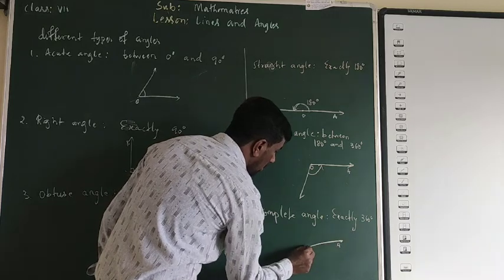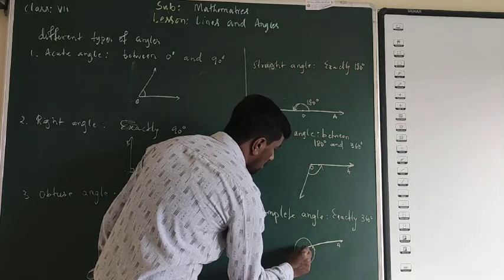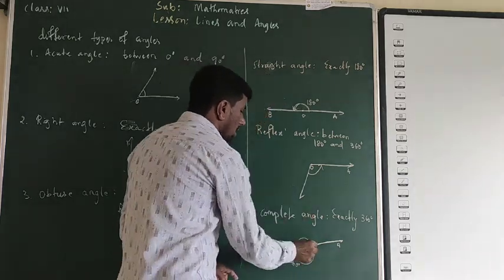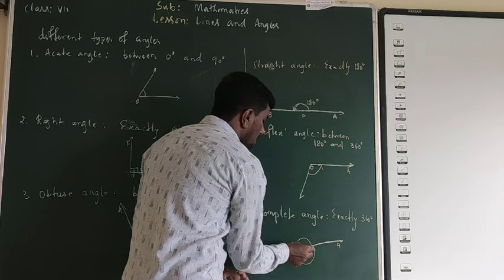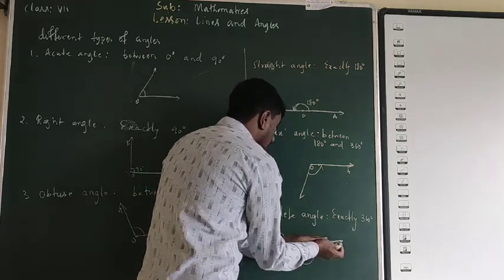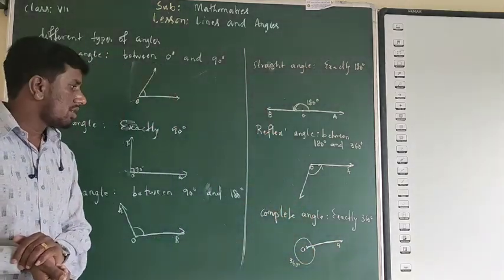Again it comes to here and merges here only. So the complete angle is this. This is 360 degrees. The initial point starts from here, we keep on rotating, and again it comes to the initial position. Then it is 360 degrees. So that is the complete angle.